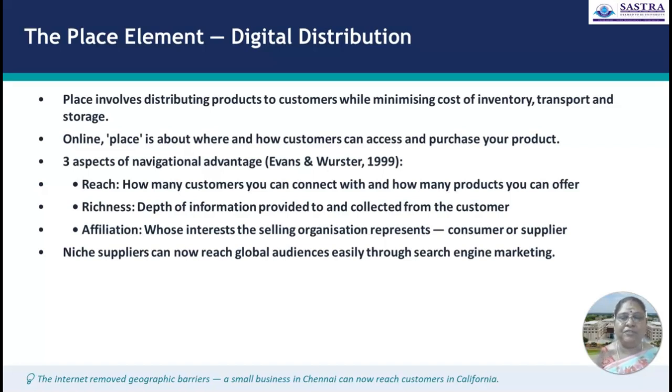And affiliation refers to whose interest the selling organization represents, the customers or the suppliers. Evans and Wurster argue that successful online retailers will reward customers who provide rich information about their own preferences and comparative shopping needs.